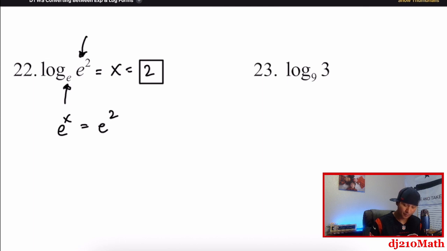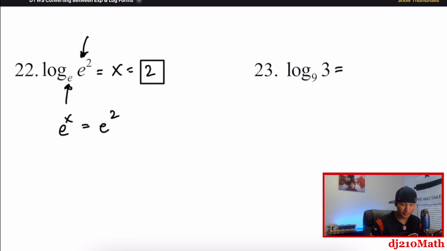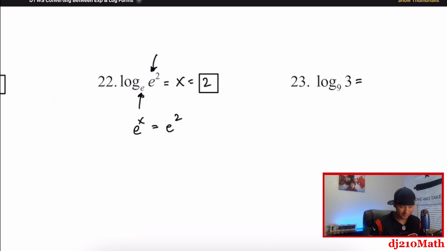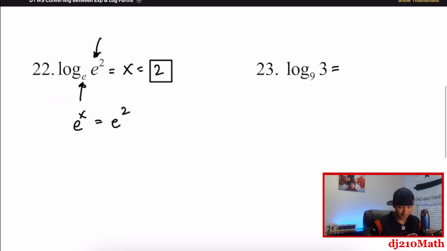Okay. This one's a good one. It almost looks like what we've been doing, but now the base is the argument squared. So this is going to be 9 raised to something equals 3.